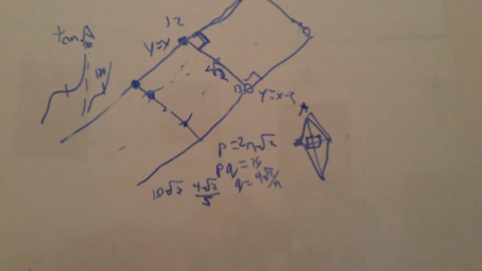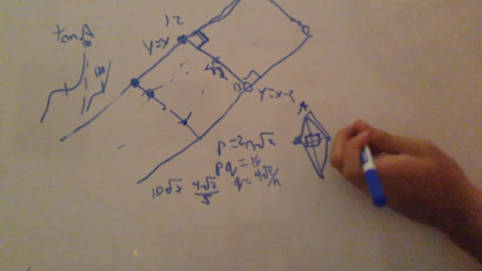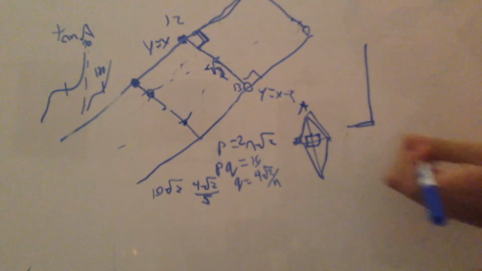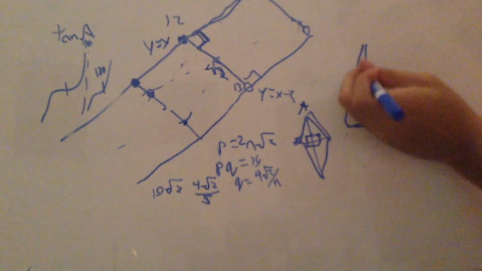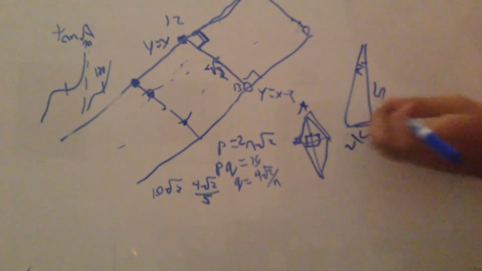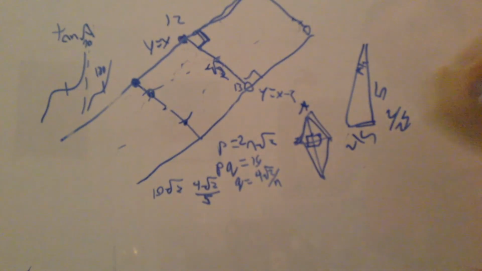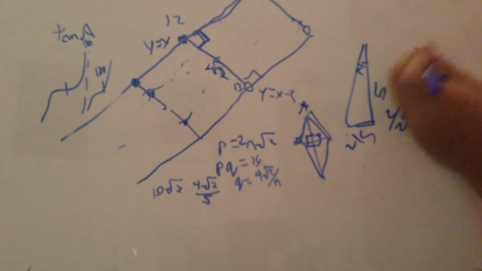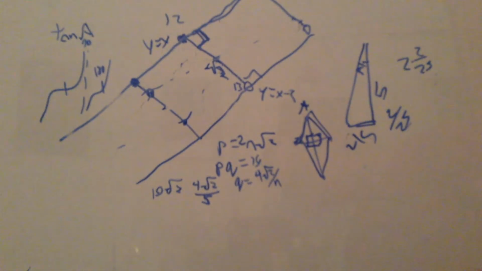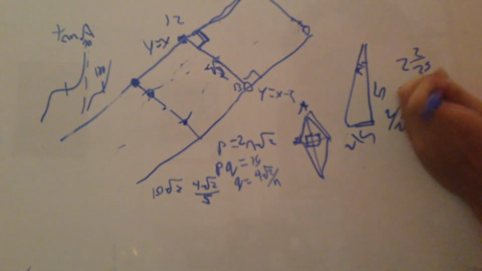So we have P is 10 root 2, Q is 4 root 2 over 5. If we take half and half, that gives us one triangle with A over 2, tangent 2 over 25. We use the double angle tangent formula: 2 times 2 over 25, over 1 minus 4 over 625.